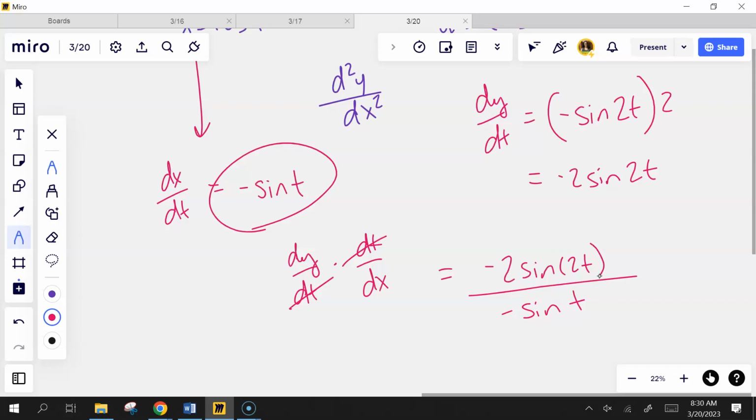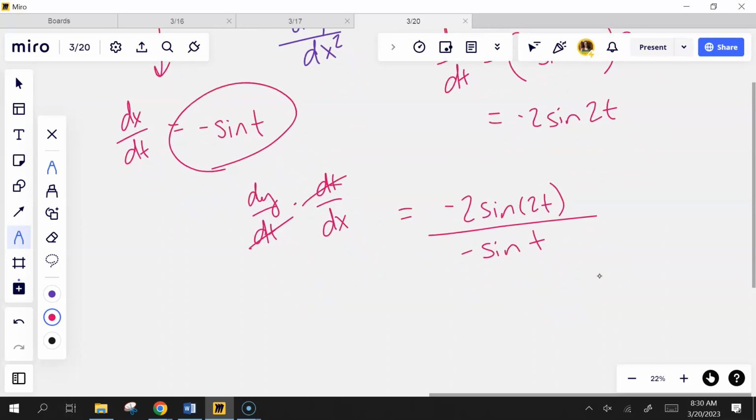There's your trig identity, the double angle, right? What is that? Sine of 2 theta is what? 2 sine theta cosine theta. But it already had a 2 out there, so it needs another one.